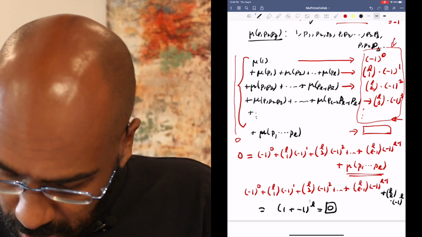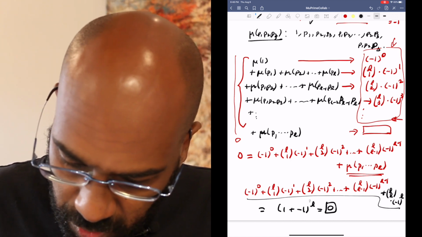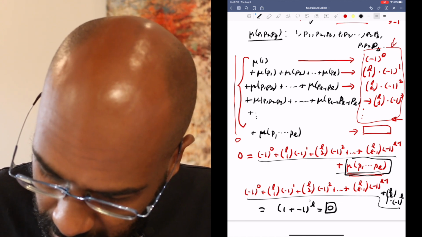So 0 is this entire quantity here, and 0 is also this entire quantity here. So these two summands at the end have to be the same.